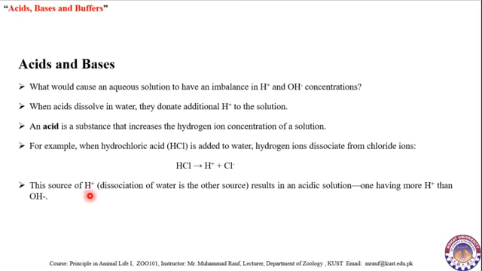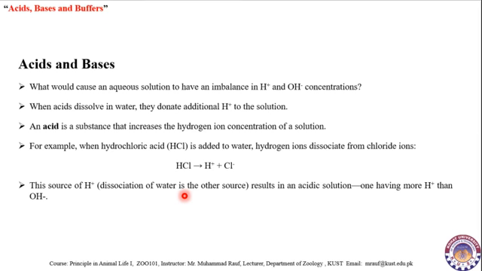This source of hydrogen ions, along with the dissociation of water, which we already discussed in the beginning, results in an acidic solution. When two water molecules bond with each other, quite often one hydrogen ion leaves one water molecule and becomes part of the other molecule.